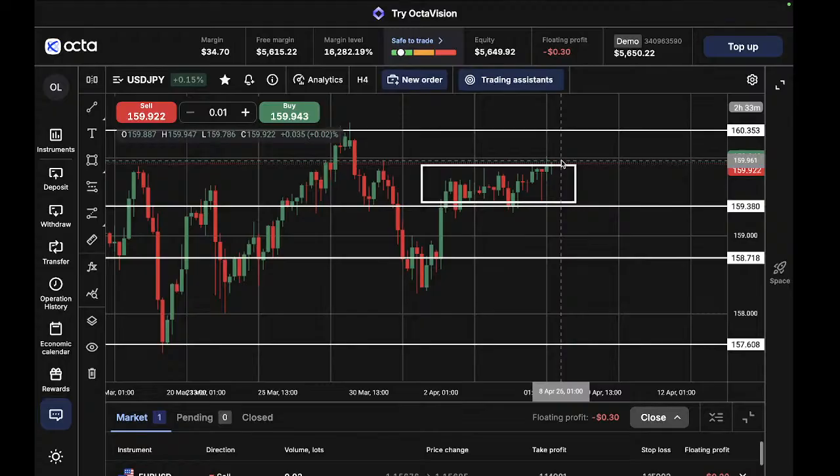Then if there is a breakout downwards, that's a sell. So now, what do you think? What's your outlook on Euro USD before I continue?